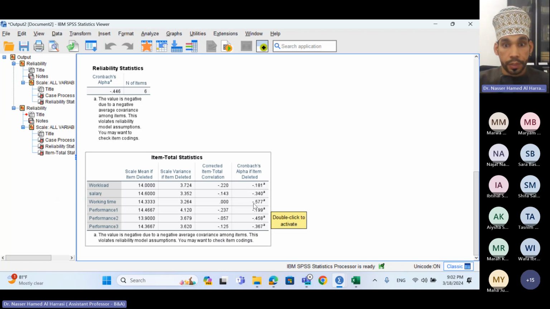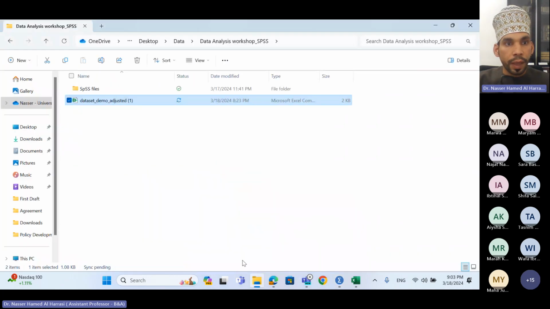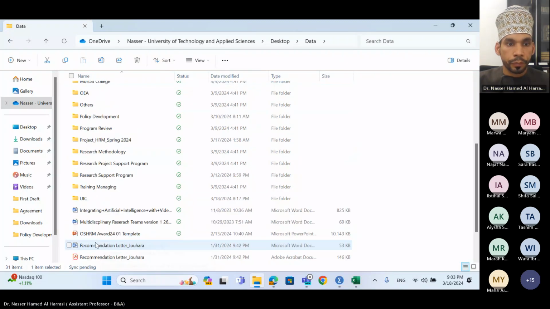Now, 100%, I can guarantee that if you have more than 50 respondents, the reliability will be more than 0.7. Now, I can open another data set for you, just to make you understand. So, for example, I have this data.